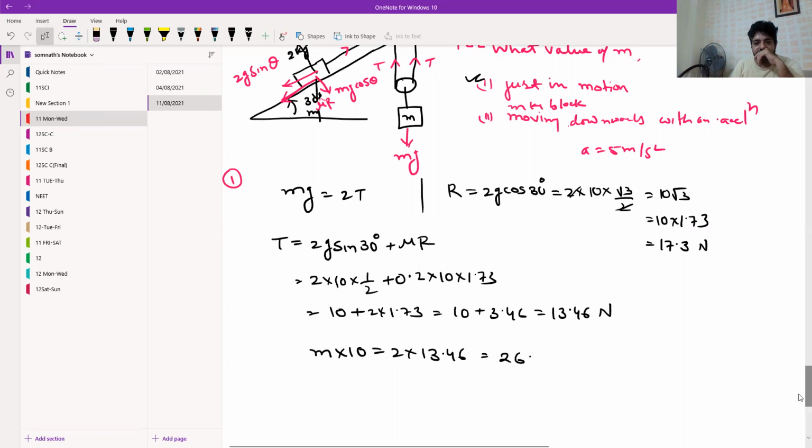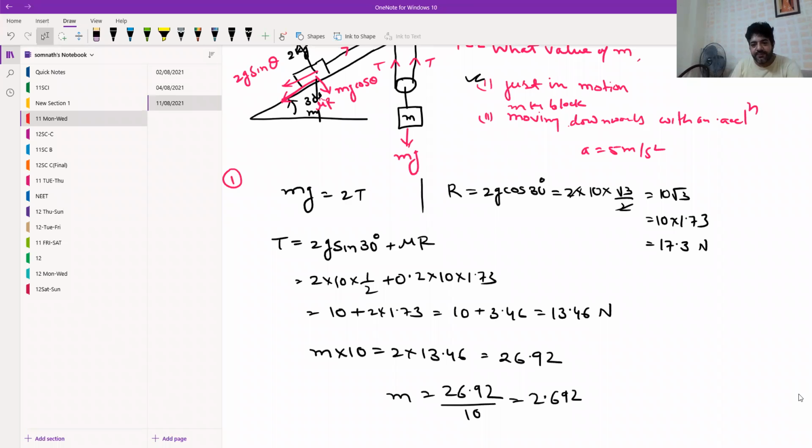So 26.92. So mg is 26.92, divided by 10, that is 2.692 kg, that is 2.7 kg. Yes or no? Yes, sir.